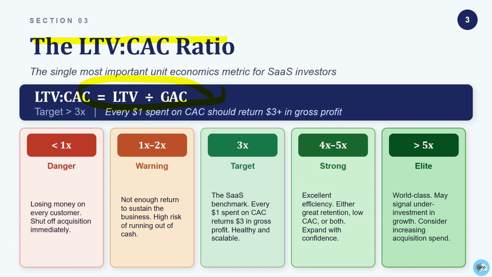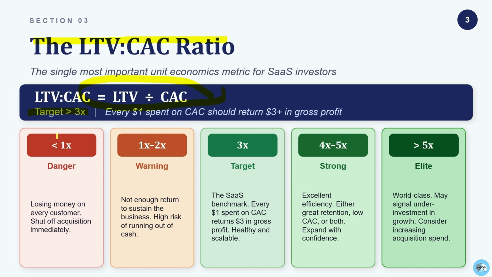So if we are spending $1 on sales, marketing or any kind of sales activities, we should at least get $3 out of it, a three multiple, to sustain a good business. So the target LTV to CAC ratio is 3x. However, we have different benchmarks which are mentioned here.